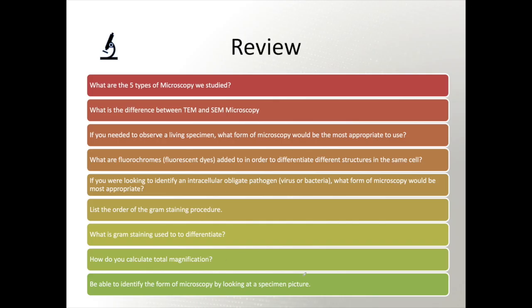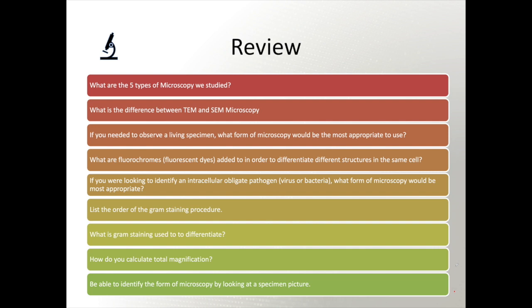So these are some questions I want you to ask yourself and a way to review. Make sure that you know the names of the 5 different types of microscopy that we studied. You should know the difference between a TEM and SEM in electron microscopy. You need to figure out how to use the different types of microscopy.